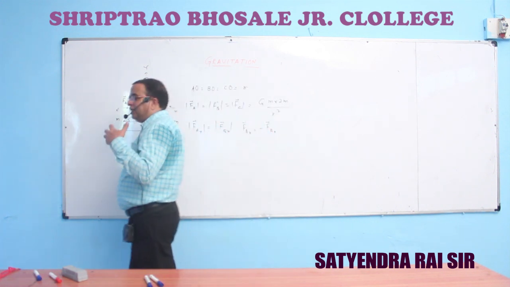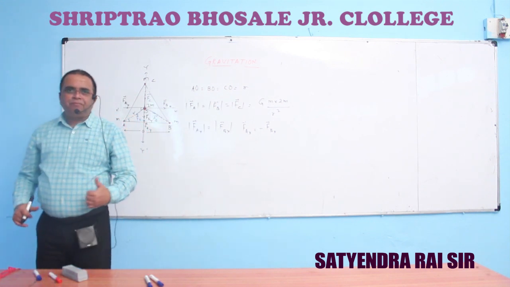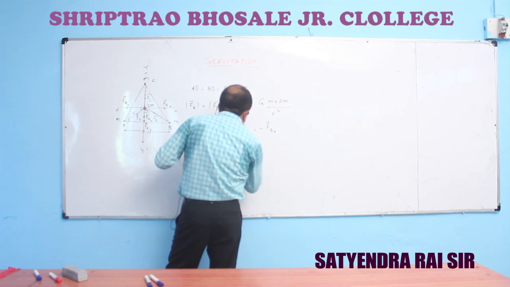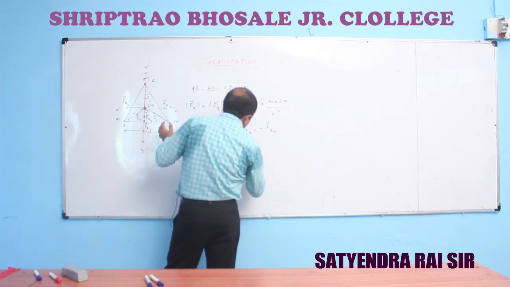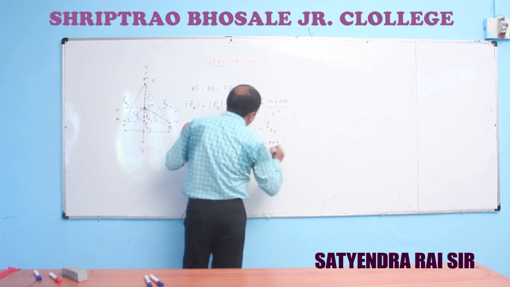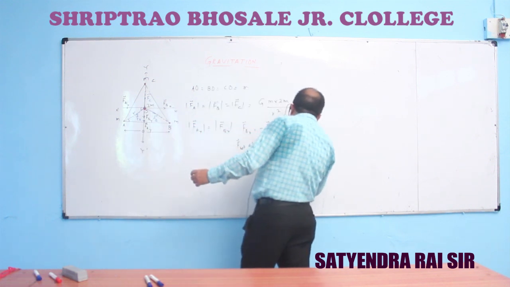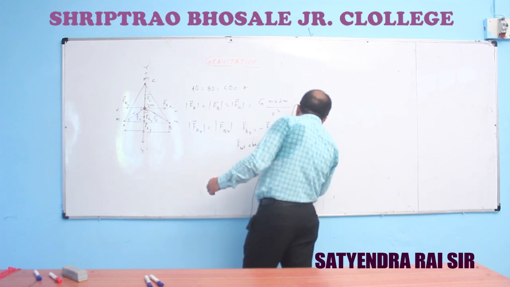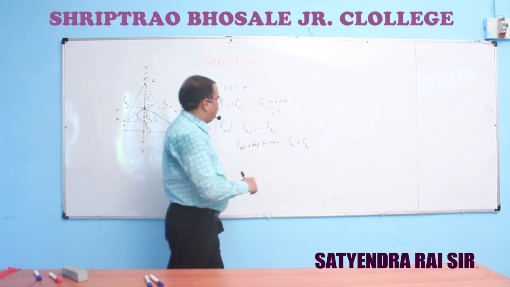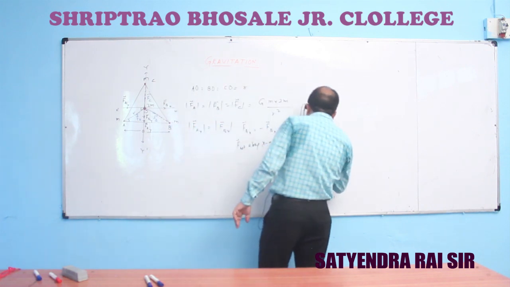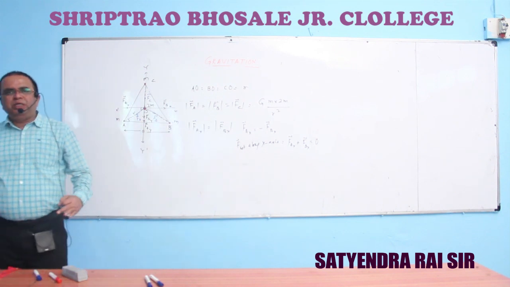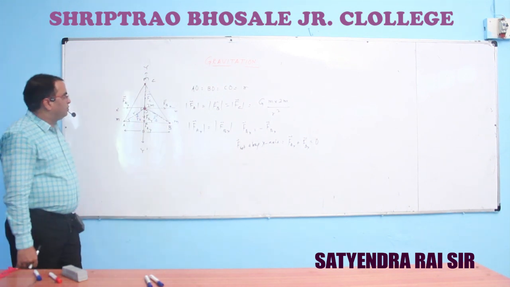If we do that, then the net force along x-axis, F net along x-axis, can be given by FAx plus FBx. Since FAx is equal to minus FBx, we know well this result is going to be 0. That means no horizontal force will be experienced by this one.